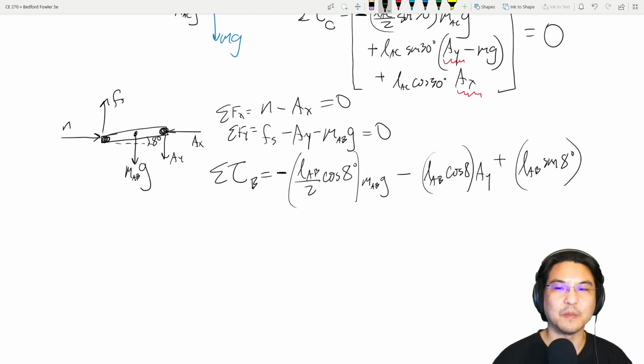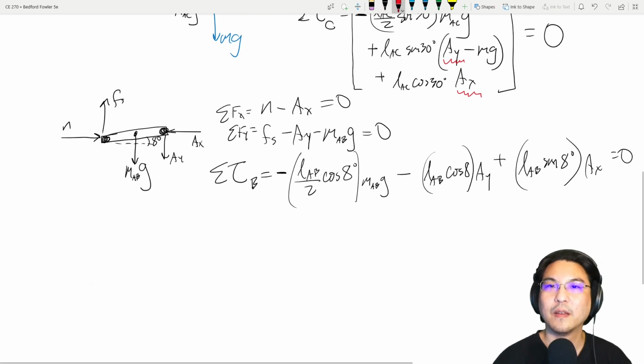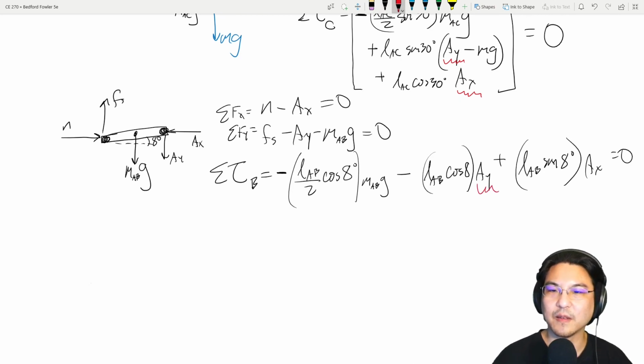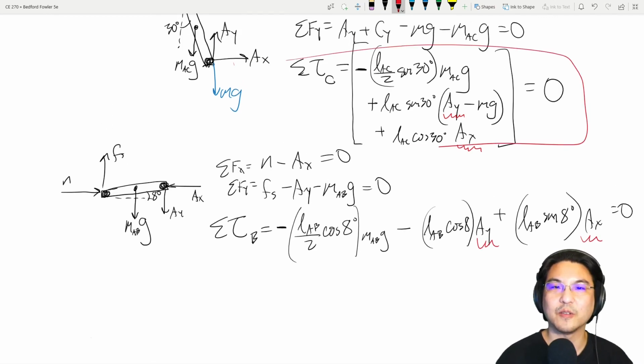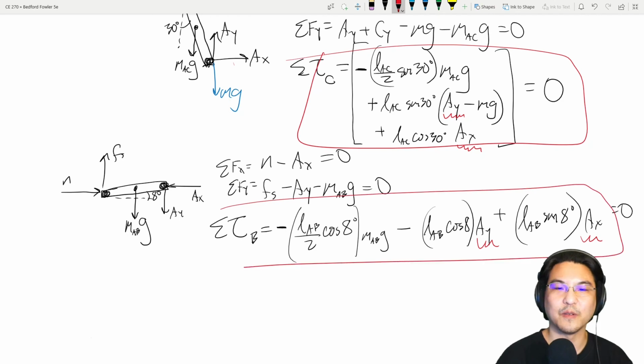And times AX. So those three equal 0. Okay, and then here are the unknowns. So once again, you have these two equations for two unknowns.